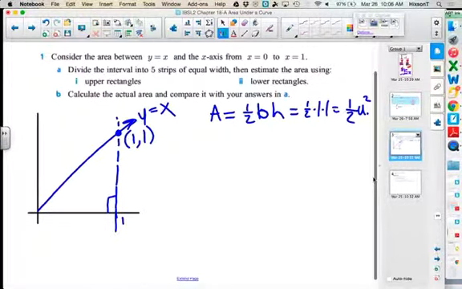But anyways, let's take a look at how we would work through this. Alright, it says divide the interval into 5 strips of equal width, then estimate the area using upper or lower rectangles, okay? So if I divide it into 5 strips of equal width, and I'm going from 0 to 1, how wide is each one going to be?